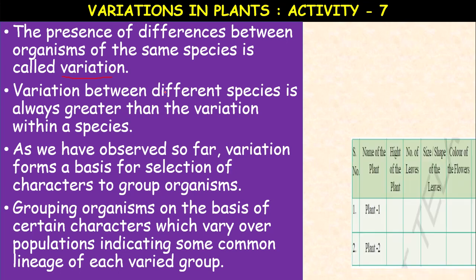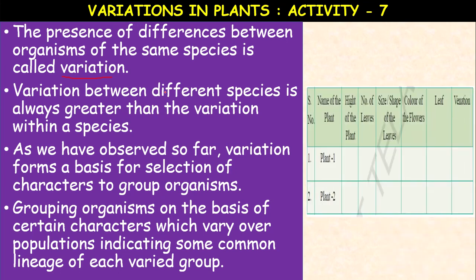Okay, so once again you can observe the characteristics of the two plants and make the note, then you can group those two in one category that belongs to the neem plants.